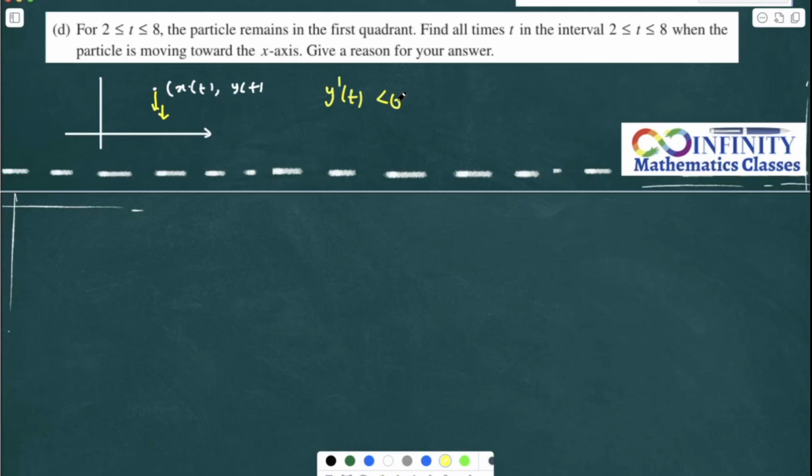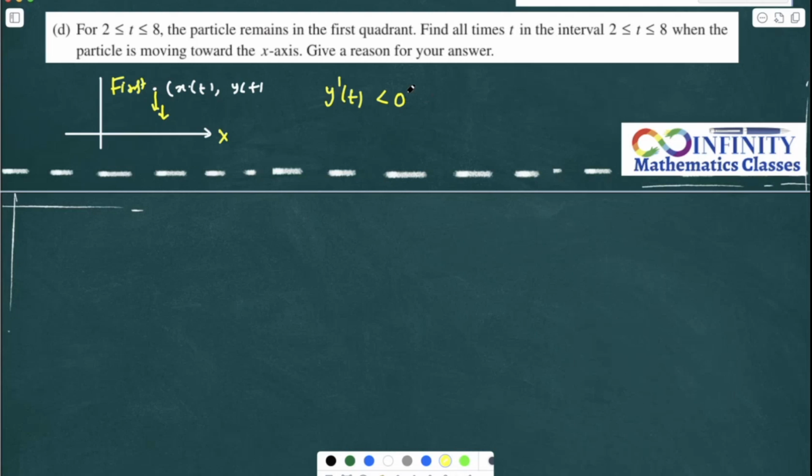Any doubt? Okay, because we are in the first quadrant, and you are moving towards the x-axis, this is only possible when y(t) is decreasing. So it's only possible when y is decreasing? Yes.